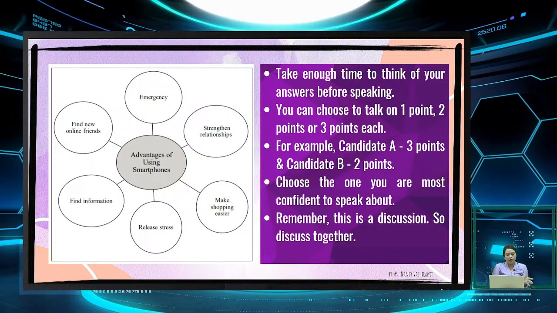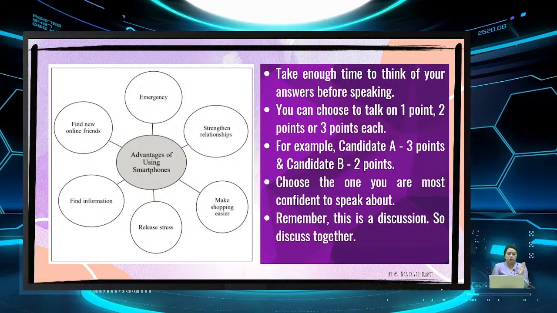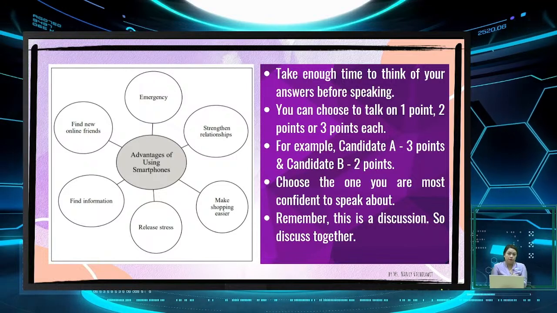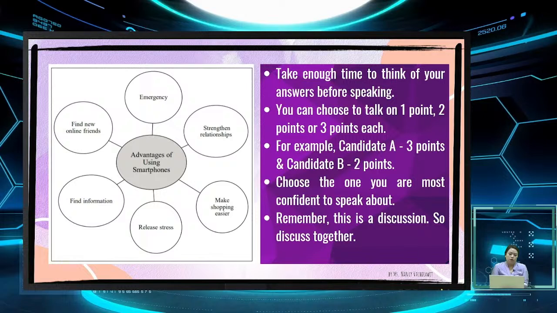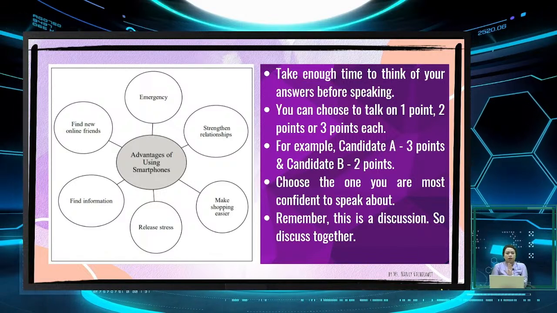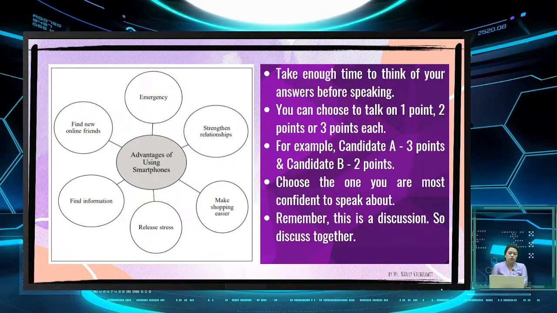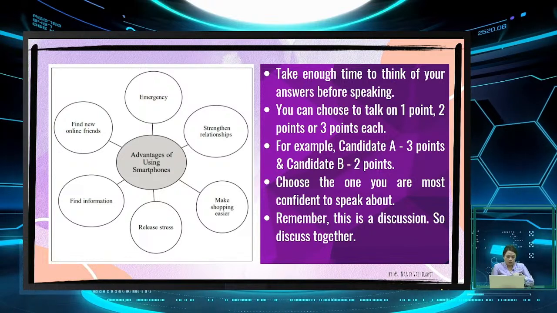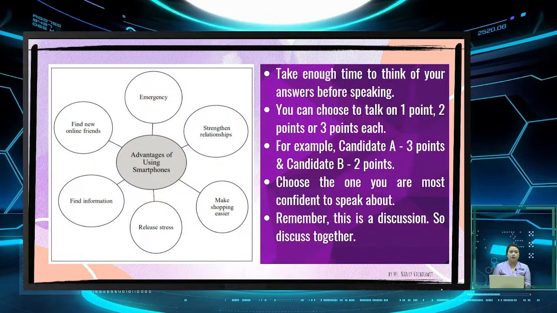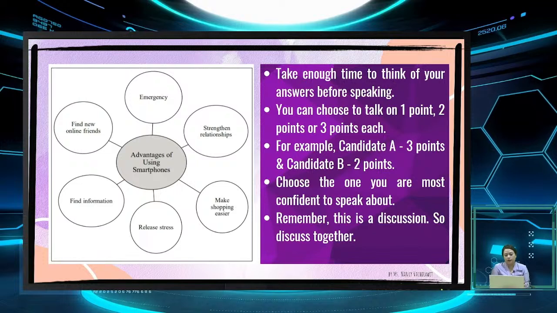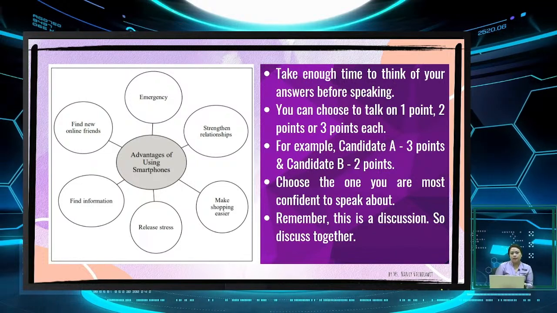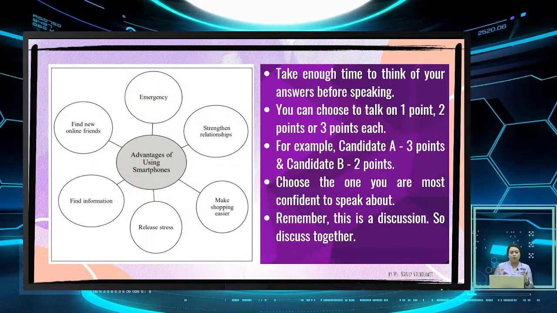Meaning candidate A, if you choose to speak only on 1 point, you may do so. Okay? If let's say candidate B, you want to choose 3 points, you can speak on 3 points. There are no rules in speaking tests that the candidates must speak on 3 points each.